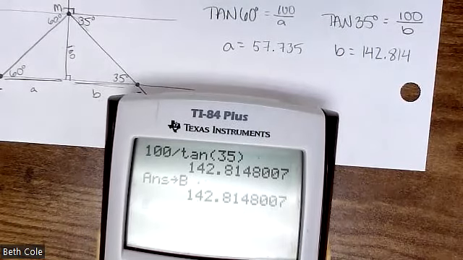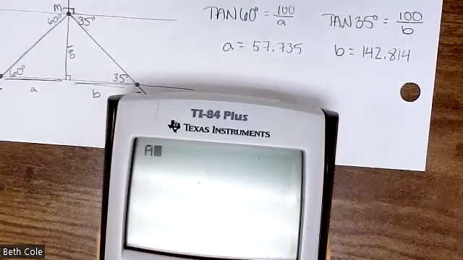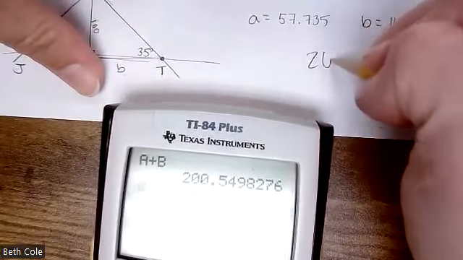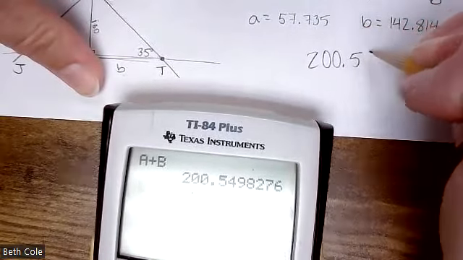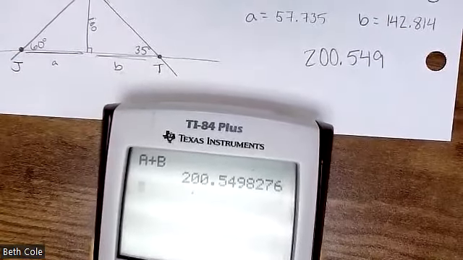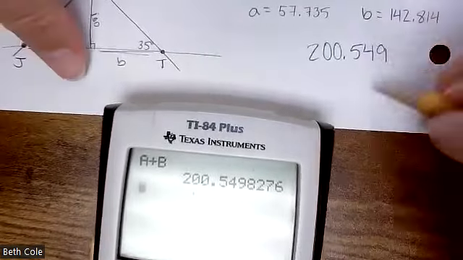And again, once you store it, you can clear it out. And then you're going to do A plus B. And I did put units in this one, so we'll be thorough and put our units in. What were the units? Yards.